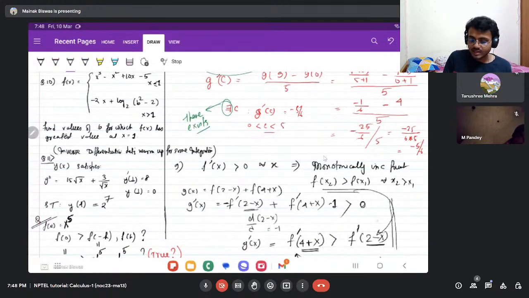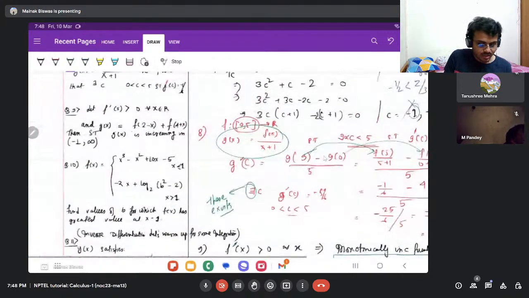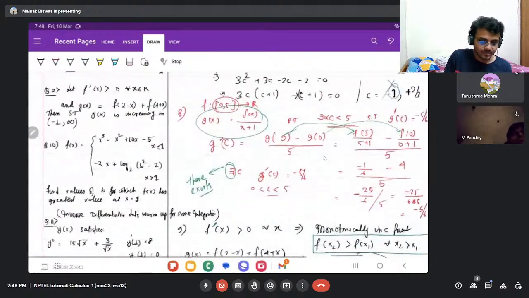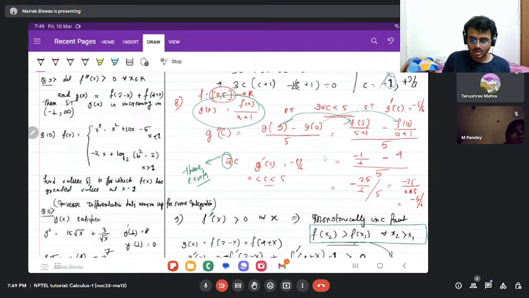which means that your f of x at these values. So for example, I need to say that if a function is increasing, if your f dash x is greater than 0, now there is something, I think it should be f double dash of x is greater than 0. I think the question, okay, yeah, f double dash of x is greater than 0, I think this is the question, I forgot to put a double dash.